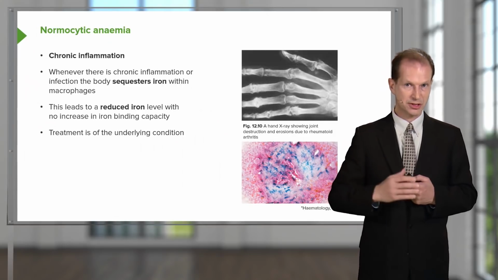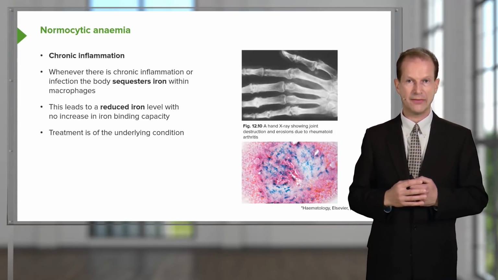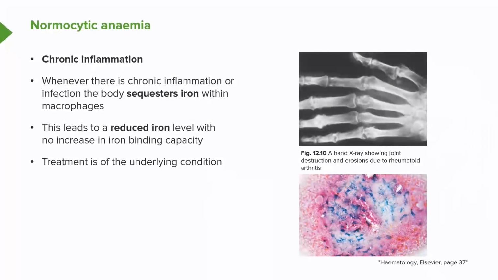There are two pictures on the right showing examples of how this may happen. At the top, we have a patient with rheumatoid arthritis, and chronic disorders such as that are often associated with some form of mild anemia. And at the bottom, you'll see a bone marrow stain for iron, and the blue there represents the iron which is present within the reticuloendothelial cells. It's been taken in because of anemia of chronic disease.